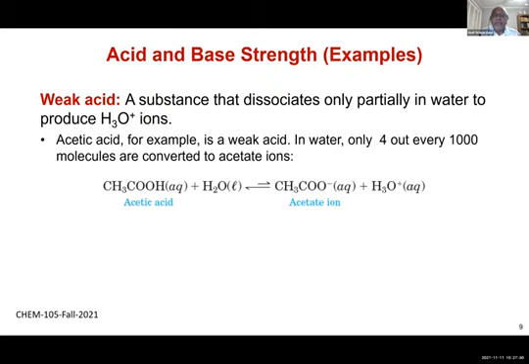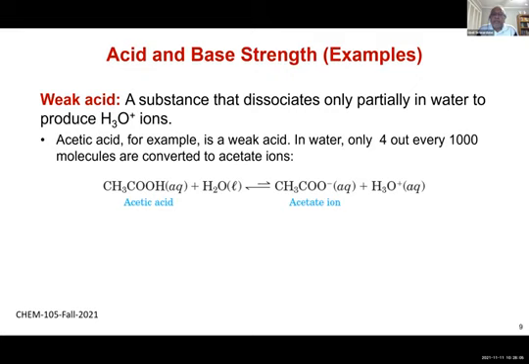So the arrows between reactants and products show equilibrium. Therefore, partial dissociation results from equilibrium acid-base dissociation. For a strong acid, the forward reaction is so large, there's almost no backward reaction.